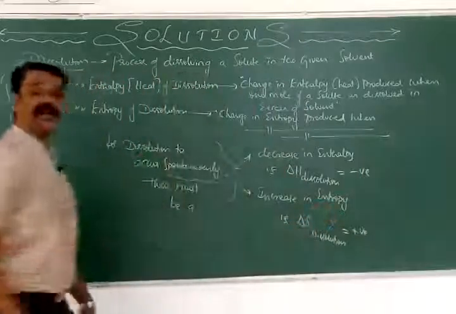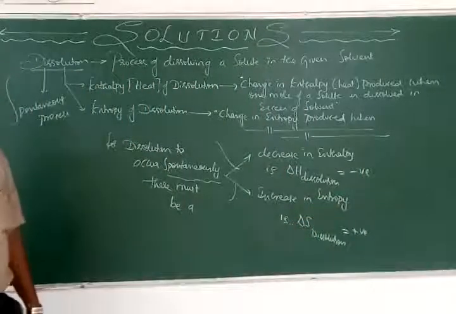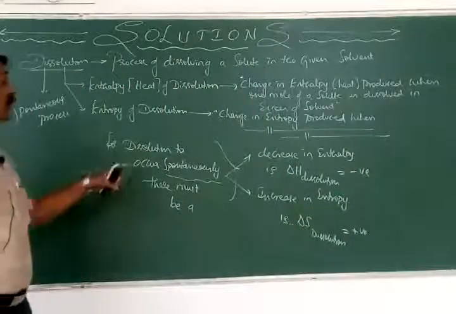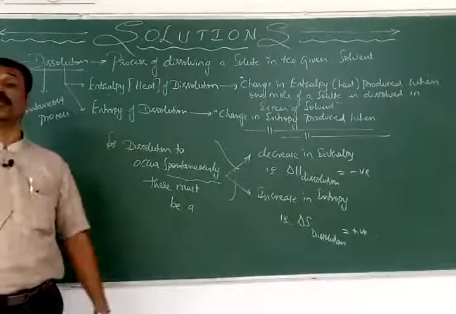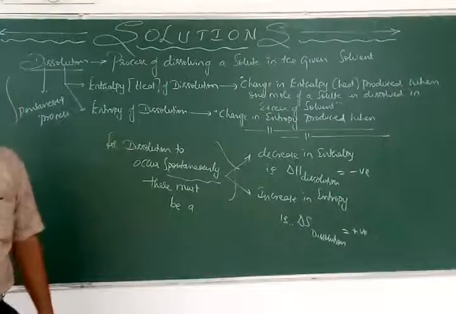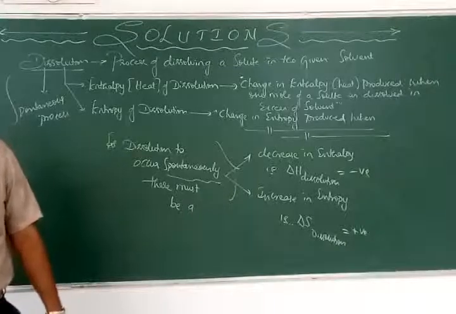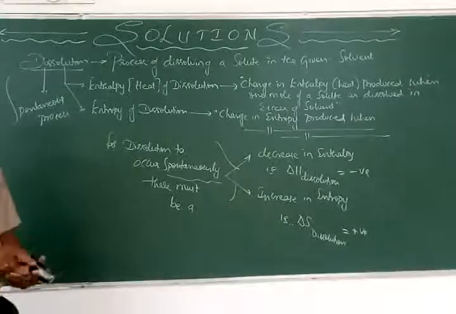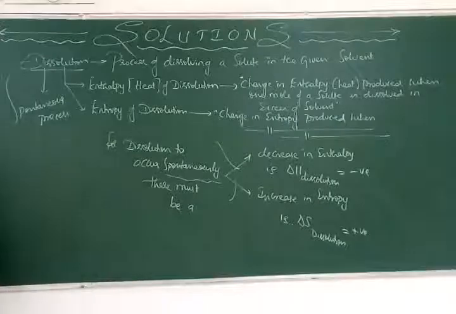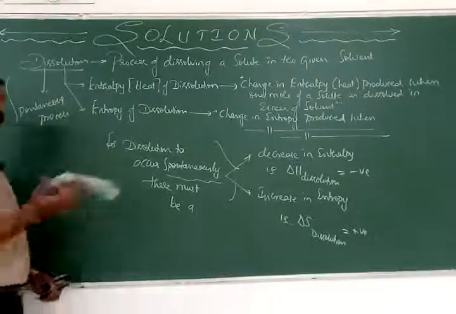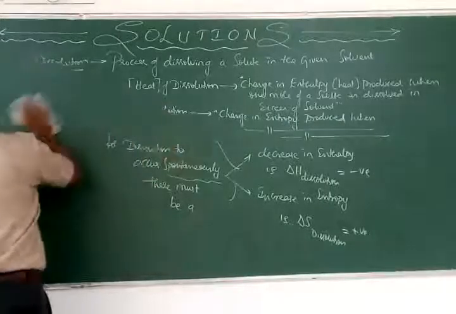These two are the main criteria for the spontaneous process of dissolution, where the added solute gets dissolved in a suitable solvent. Okay, so this is the concept called dissolution. Next we will have the concept called solubility.